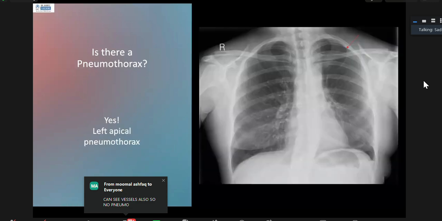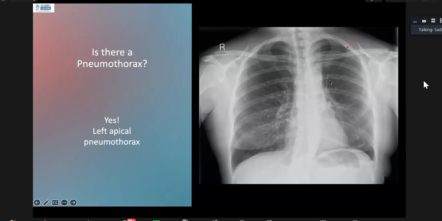And now the next one, again, not sure how many people got this. It's a bit more difficult to spot, but never forget to check your apices. So here we have a left apical pneumothorax, if you can see over there. And again, it's a crisp line, so there's a small but definite left apical pneumothorax.